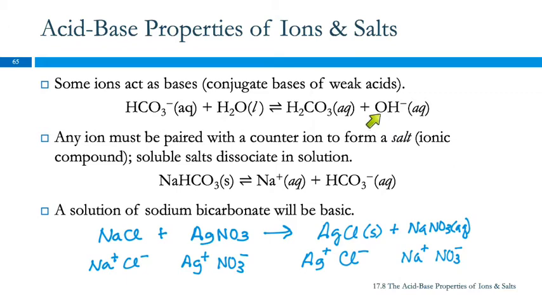No, now she's hanging out with the guy that HCO3 minus came with. Does it matter which guy it is, which cation it is? It doesn't, because it doesn't participate in the reaction. So this could be sodium hydrogen carbonate or potassium hydrogen carbonate, and then we'll end up with sodium hydroxide or potassium hydroxide. And so we often will leave the cation out because it doesn't matter.